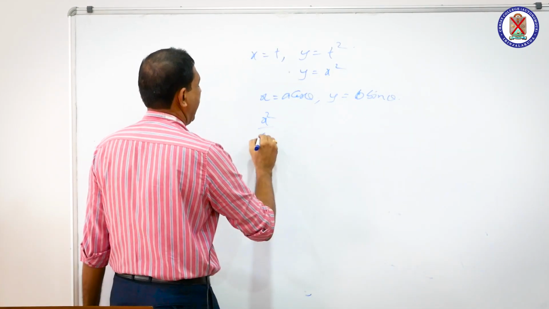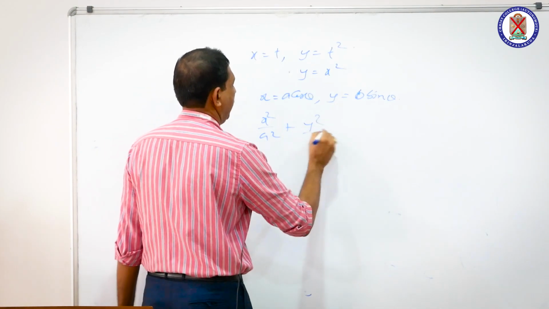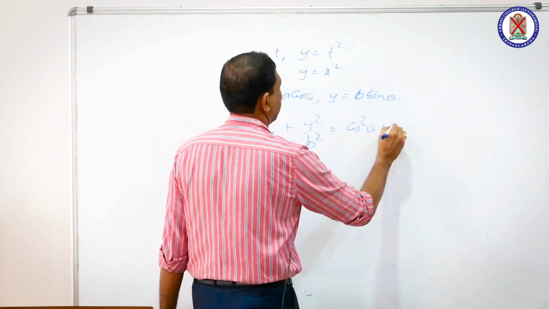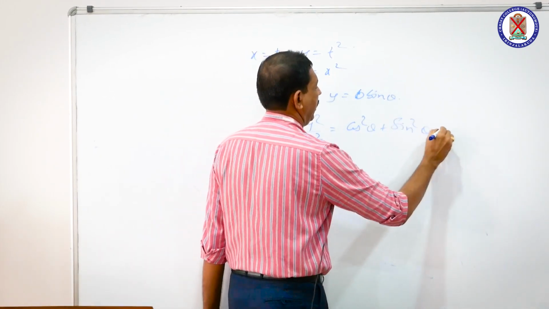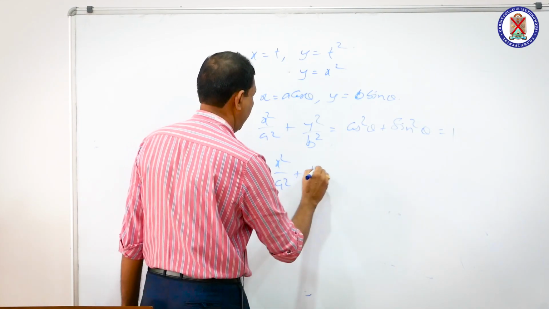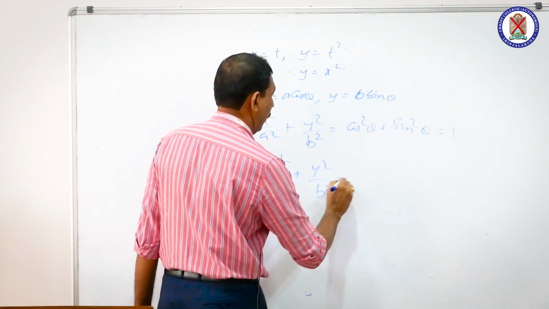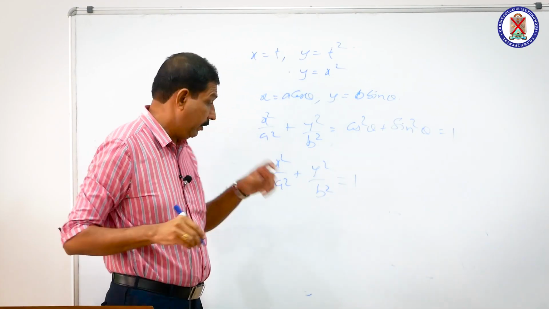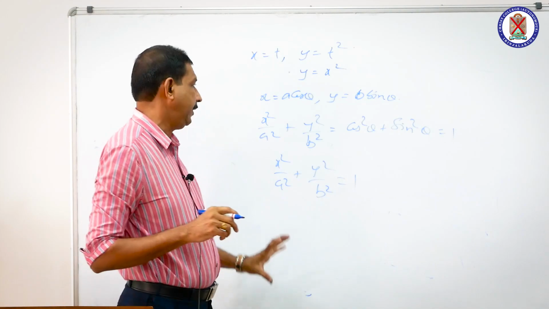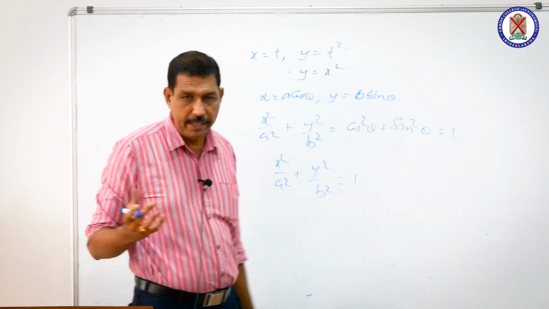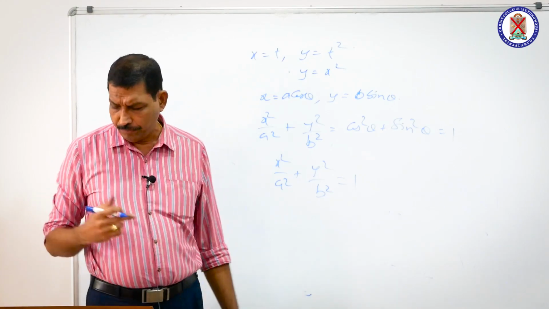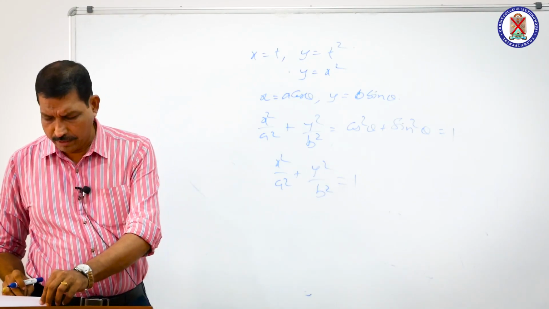Then x square by a square plus y square by b square equal to cos square theta plus sin square theta equal to 1. Therefore, x square by a square plus y square by b square equal to 1. This is the Cartesian equation of x equal to a cos theta, y equal to b sin theta. And I already mentioned this ellipse, parabola, hyperbola, and so on.